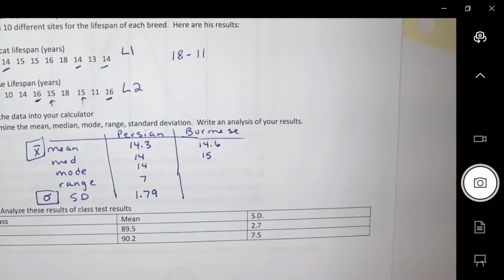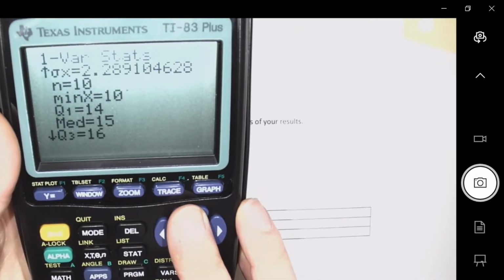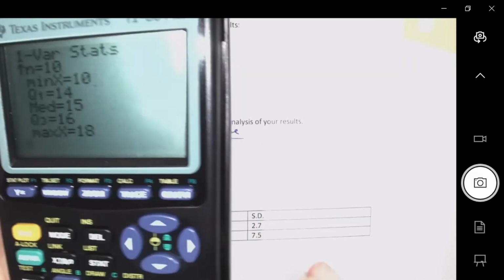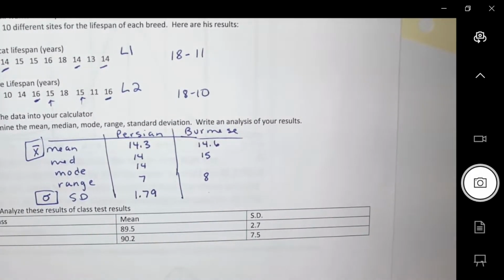I got 14.6, and the median, when I scrolled down, was 15. Right here it says the max is 18 and the min is 10. So 18 minus 10 is the range of 8.